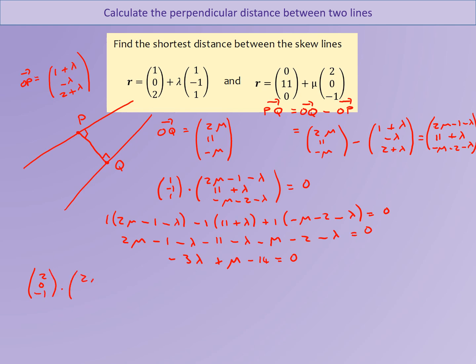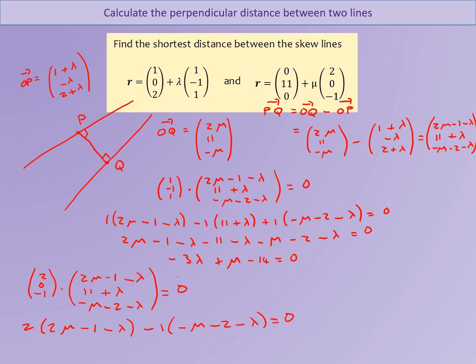we get 2 mu minus 1 minus lambda, 11 plus lambda, minus mu minus 2 minus lambda. Again, that will equal 0. So this expands to give us 2 times 2 mu minus 1 minus lambda plus 0 for the middle component, minus 1 times minus mu minus 2 minus lambda.